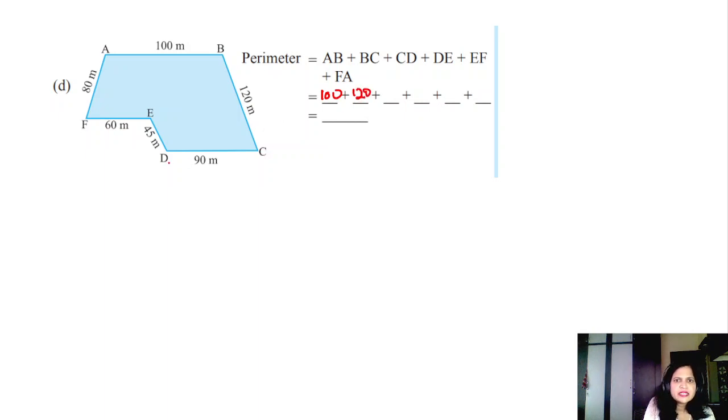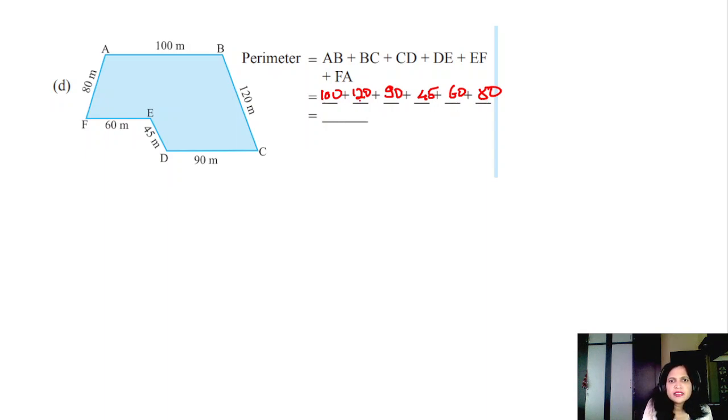Then CD is 90 meter. Then DE is 45 meter. Then EF is 60. Then 80. Everything has been covered. 100, 120, 90, 45, 60, 80 are there.